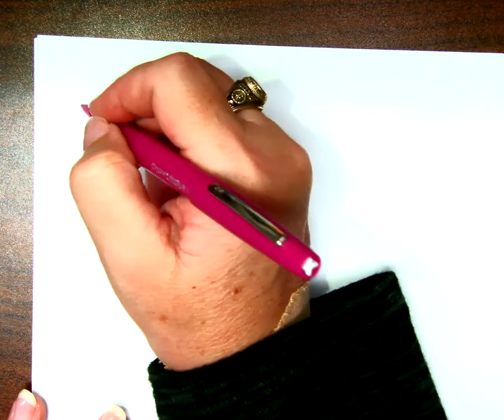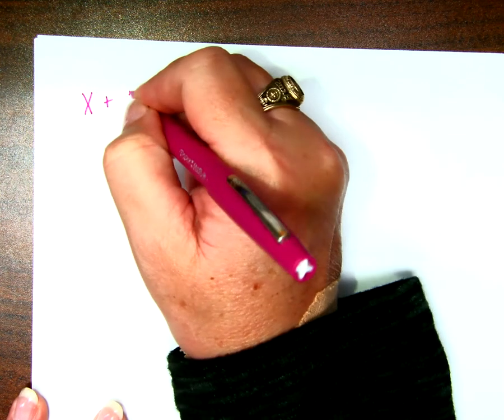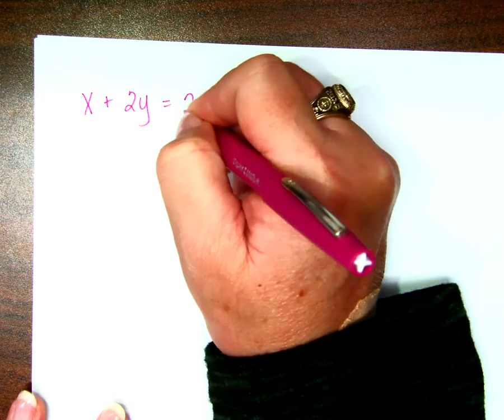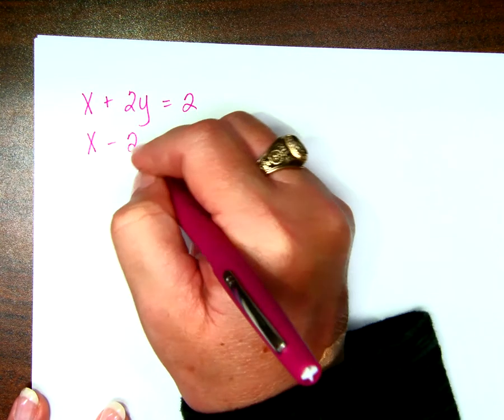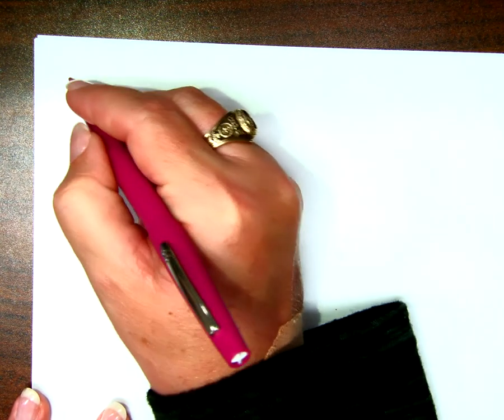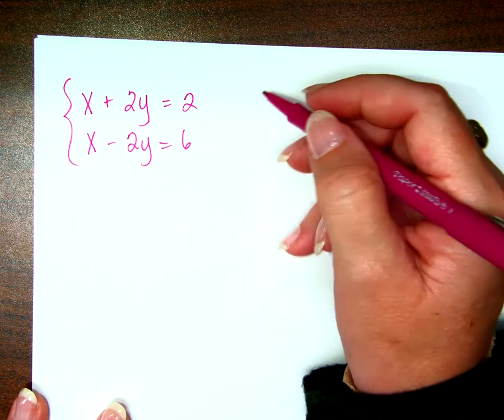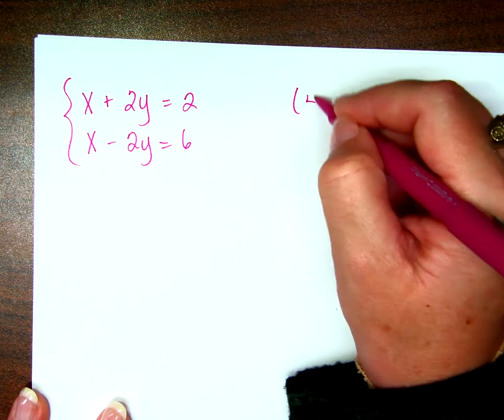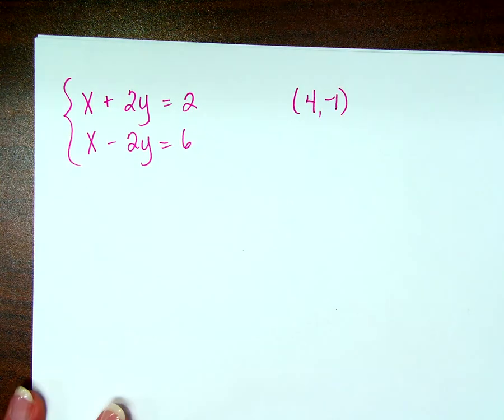Okay, so 5.1. What if we have, well, I'm going to do this just so that we can say that we've done it. x plus 2y equals 2. x minus 2y equals 6. And my question to you is, is (4, -1) a solution to this system?